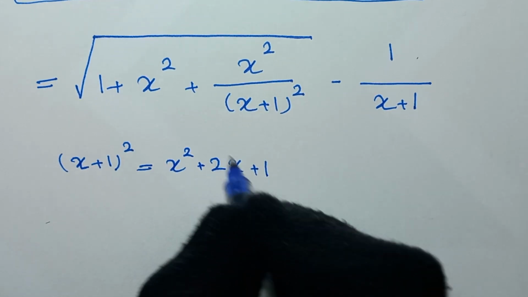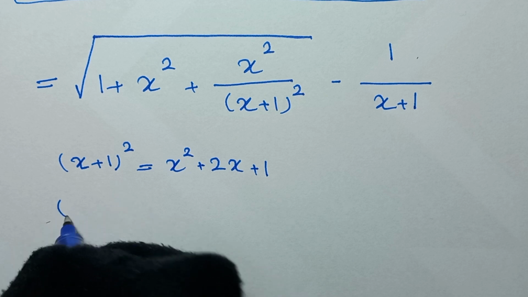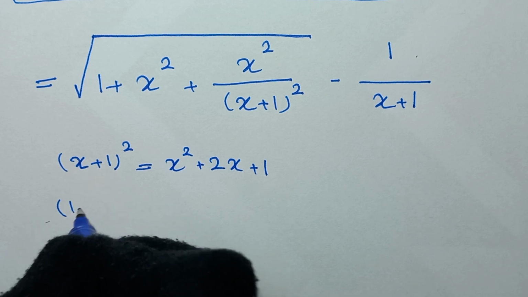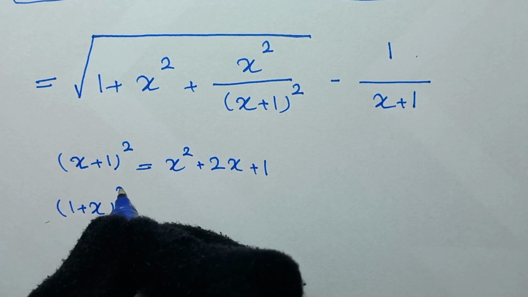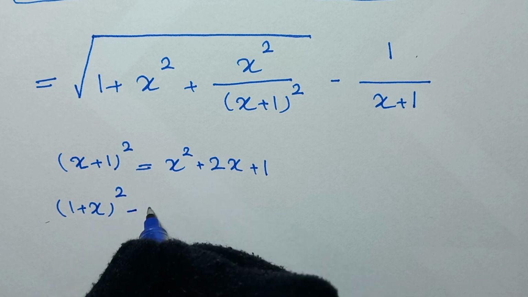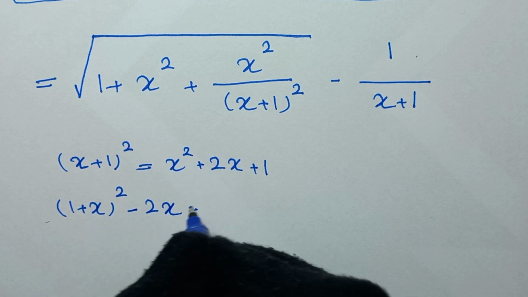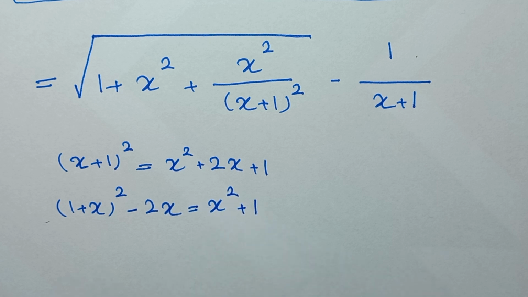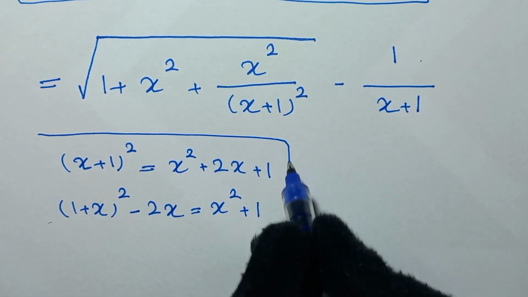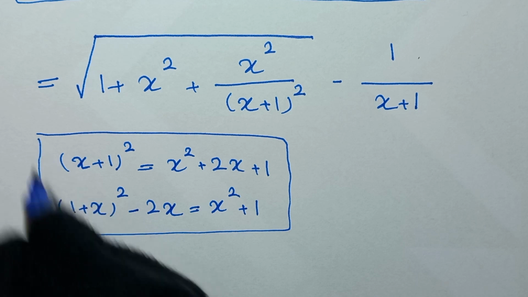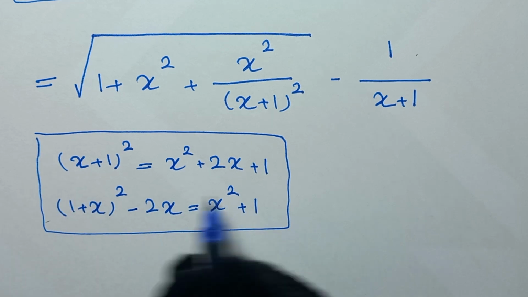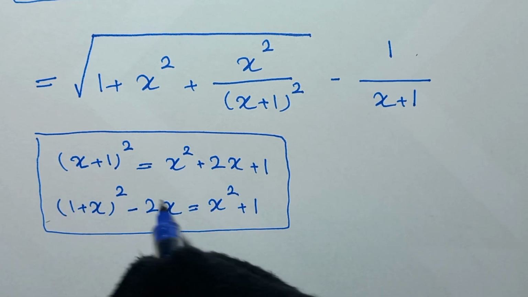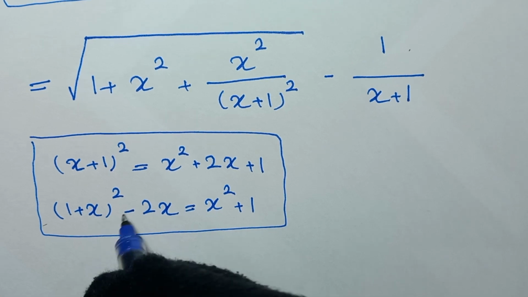And here we take this 2x to this side, and 1 plus x to the power of 2 minus 2x is equal to x squared plus 1, right? So from here, x squared plus 1 is equal to (1 plus x) to the power of 2 minus 2x, and we substitute this in here.